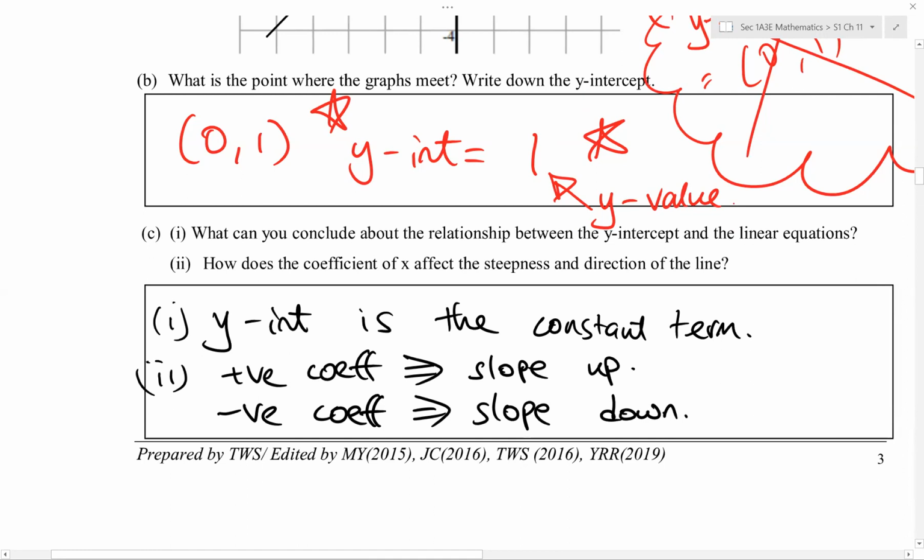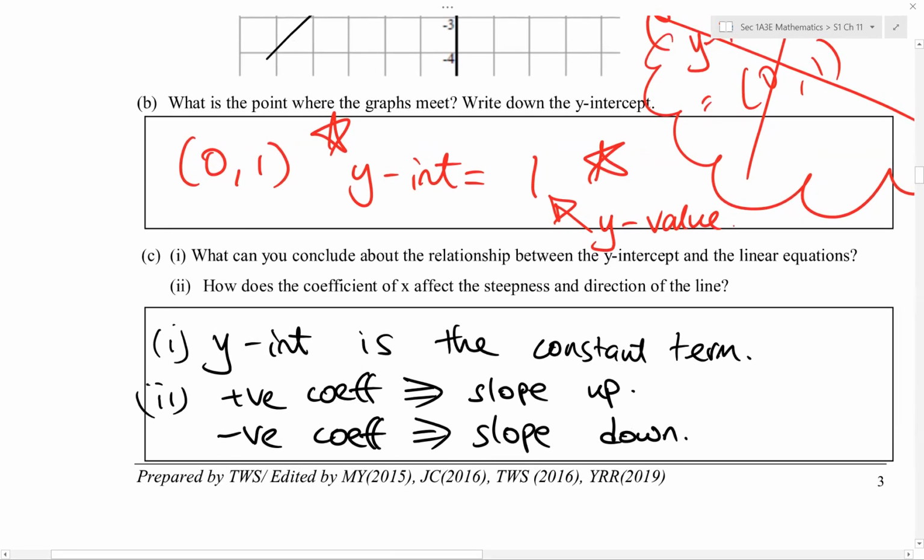But there's one more thing we haven't talked about for the positive coefficient. Let me write this down first. So that double arrow means implies. It has a mathematical meaning for it. Implies. Anybody needs more time? Didn't finish?